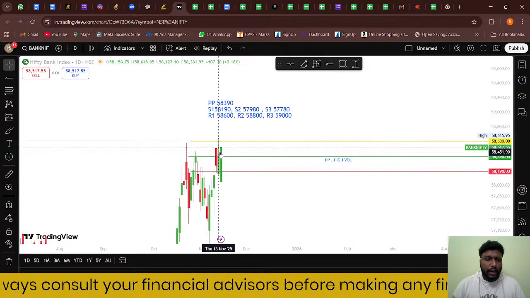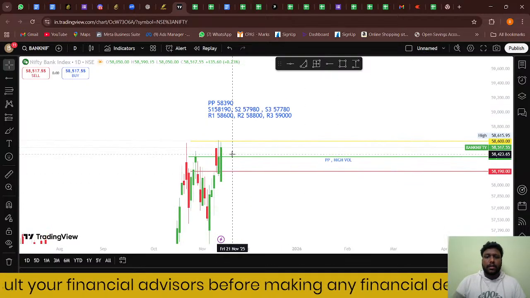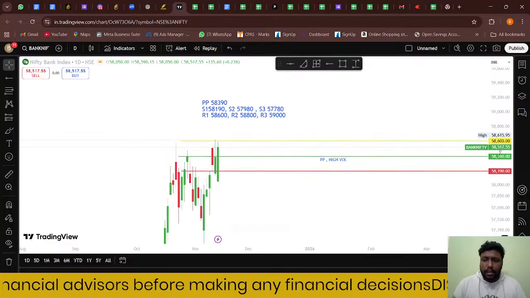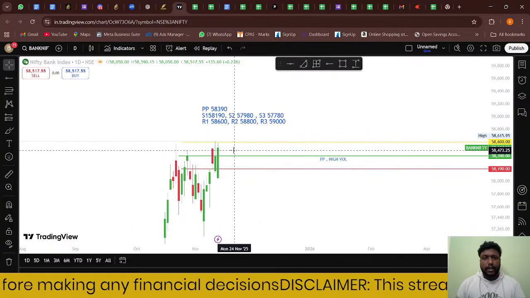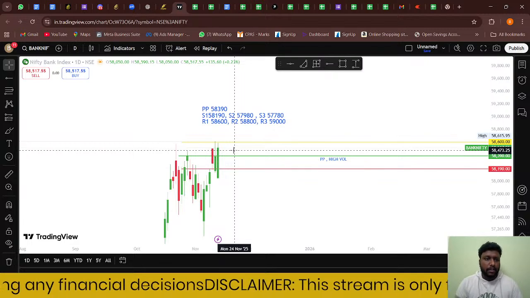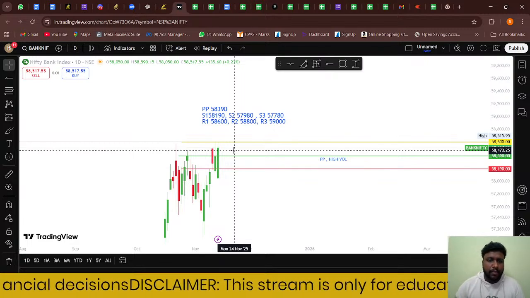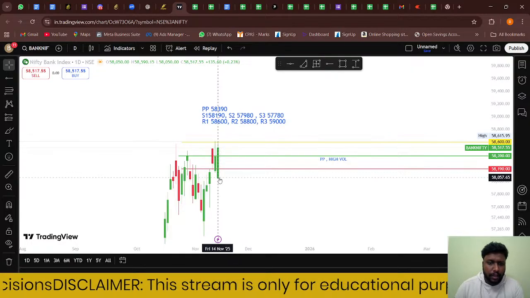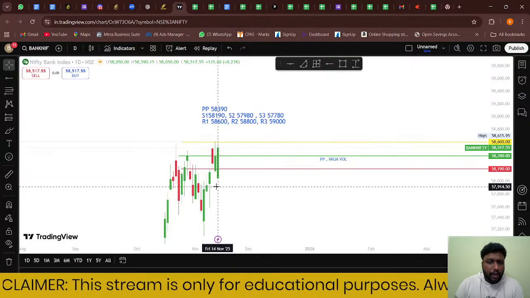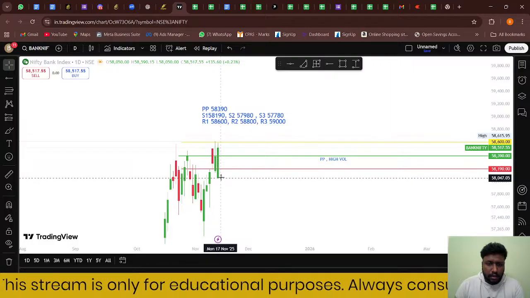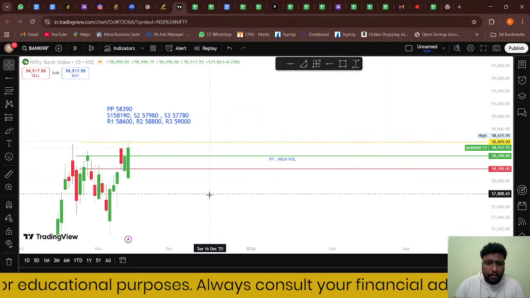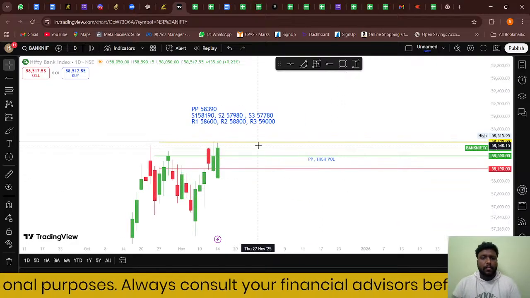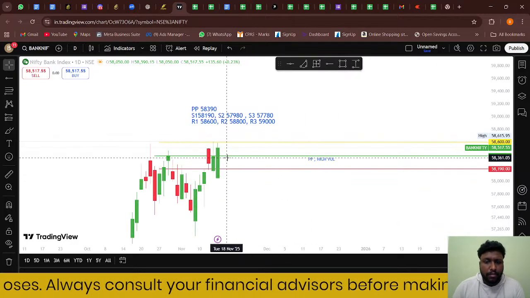So market is already trading above this particular pivot line for the day. And if it is sustaining above this with a higher volume on the upside direction, then definitely a bullish continuation will be happening in Bank Nifty. And Bank Nifty gave a good movement also in the previous market. So definitely the bullish continuation will be happening if it is trading above this particular pivot line.